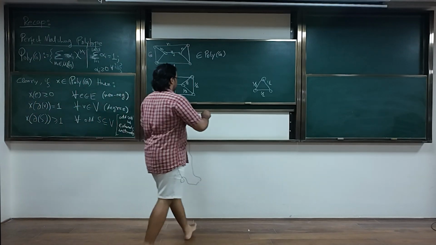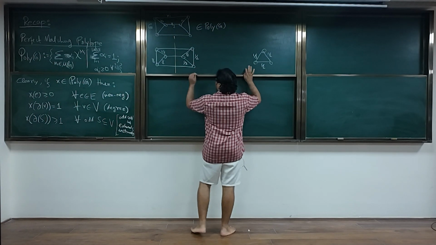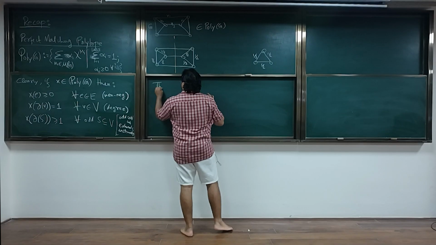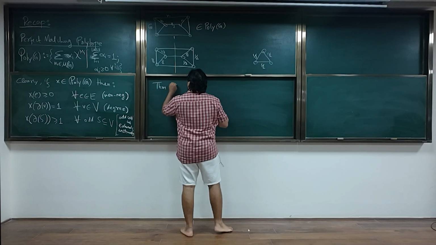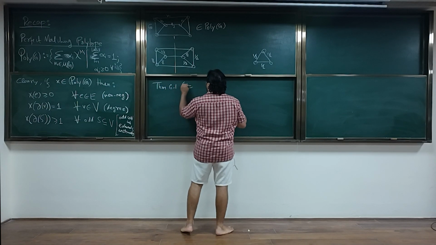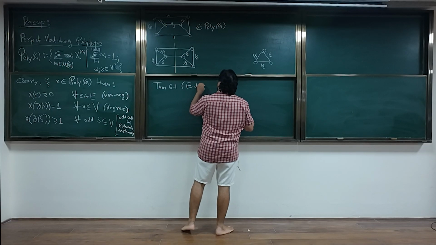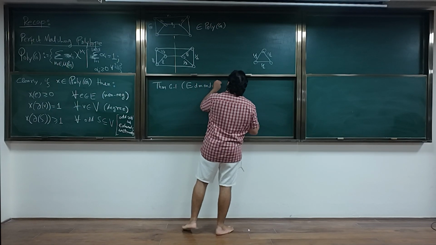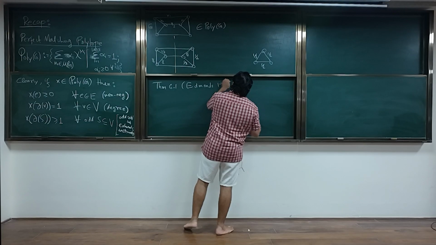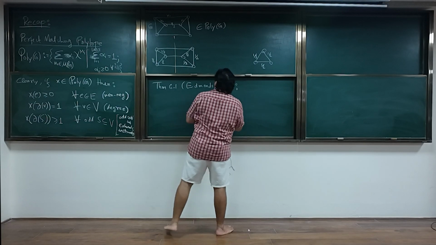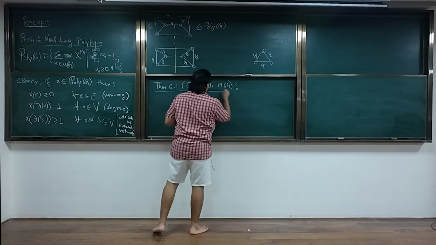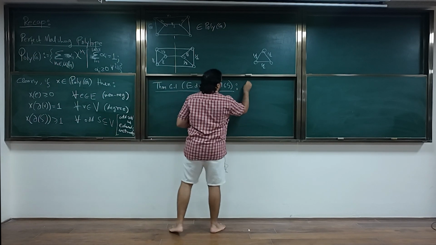So that is Edmonds' result. Let G be any graph.